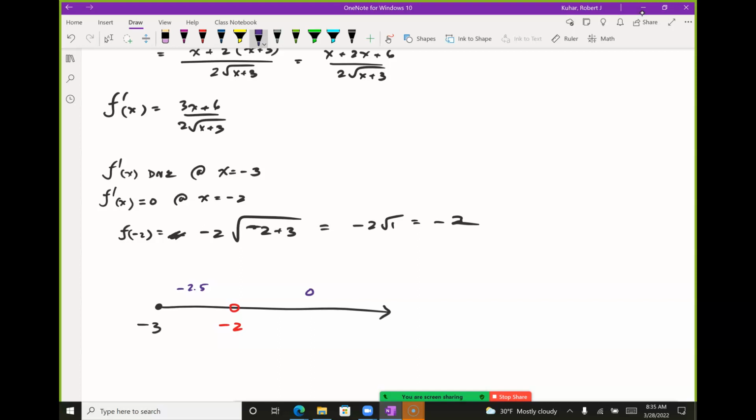I don't really need to plug these values into my derivative, but I do know I'm going to get negative for my derivative here and positive for my derivative here. I can certainly plug those in, right? F prime of -2.5 is what? -7.5 plus 6 over 2 times square root of 0.5. And I can already see that that's negative.